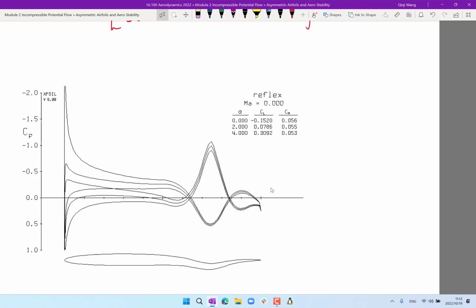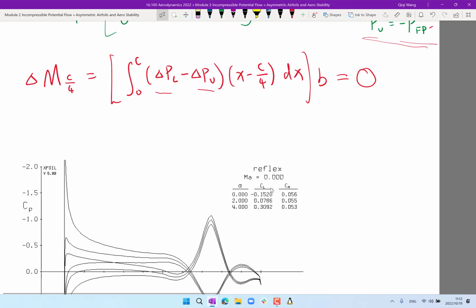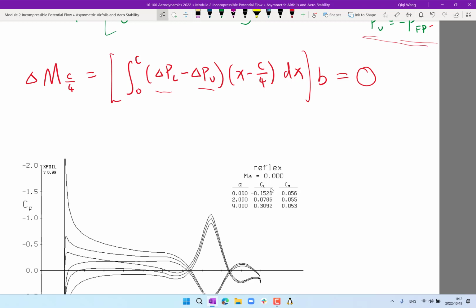And the gap between 2 degrees and 4 degrees angle of attack is not a function of the shape of the airfoil, right? It only depends on the flat plate solution. So as a result, the change in the moment around the quarter chord should be 0, right, for thin airfoils.